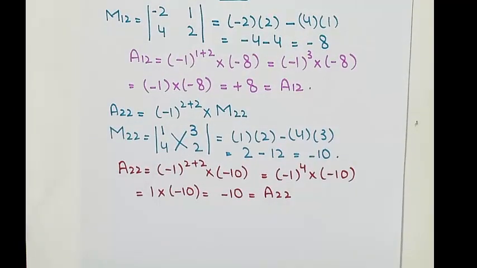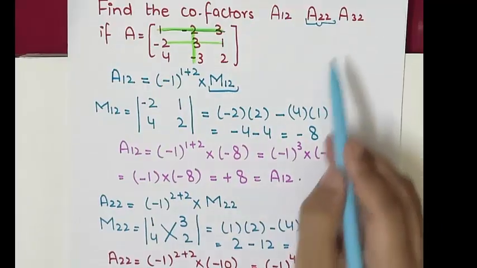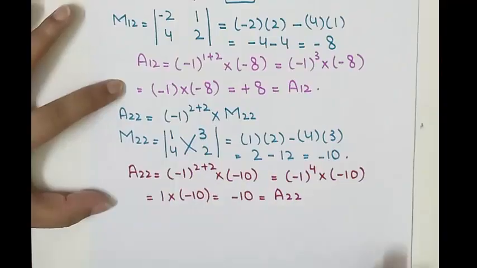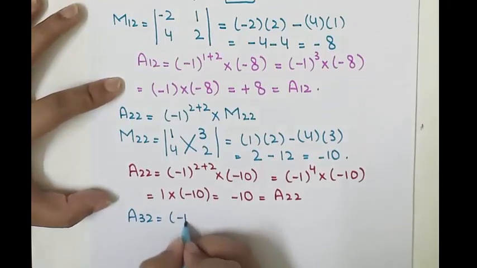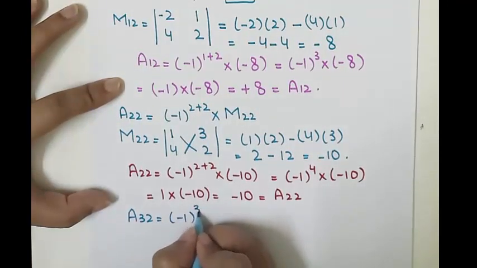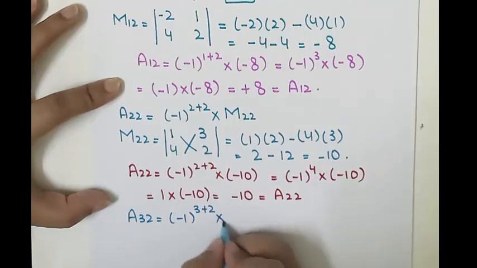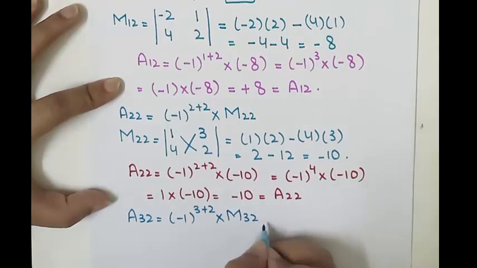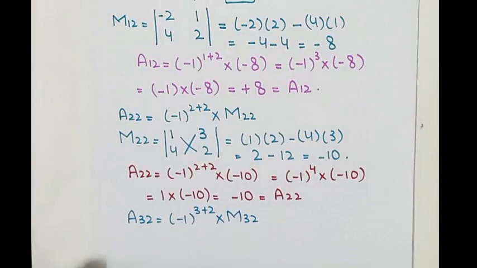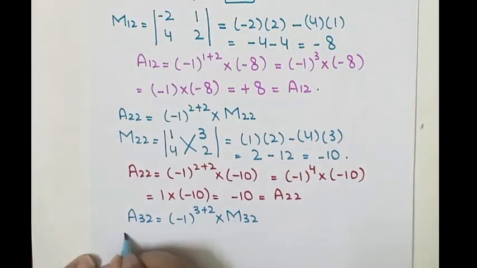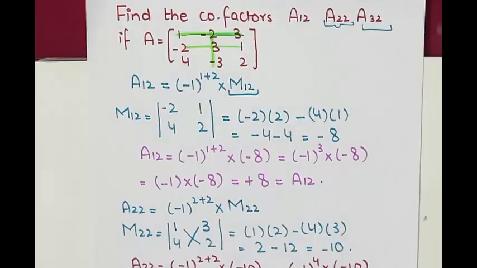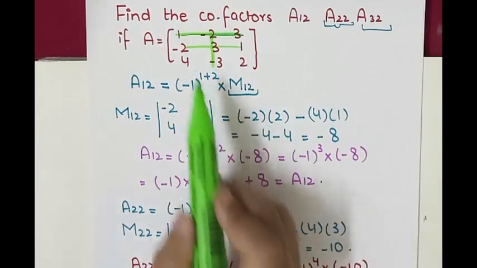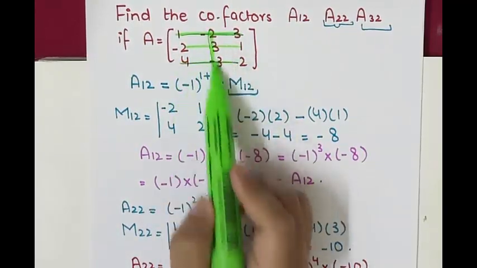Lastly, we have to find the value of A32. The formula is A32 equal to (-1)^(3+2) into M32. To find M32, we will ignore the third row, this row, and the second column.